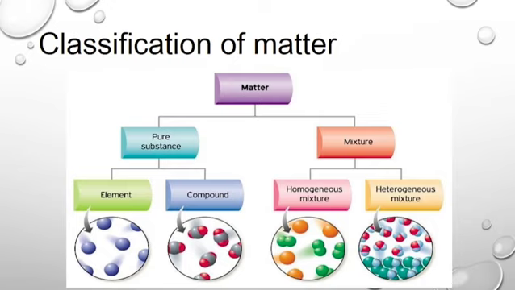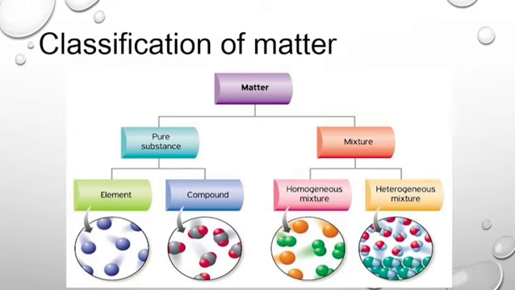Then, pure substances can be classified into two types, elements and compounds. Elements are made of only one type of atom. For example, oxygen is a type of element. It's made of only oxygen atoms. Whereas compounds are made of two or more types of elements, chemically combined in a fixed ratio.